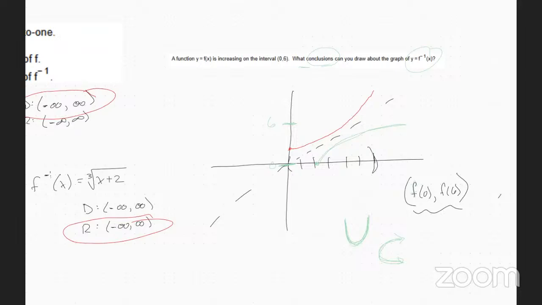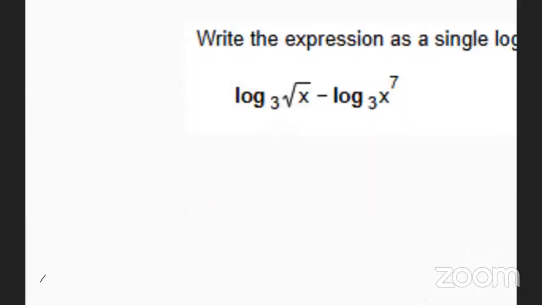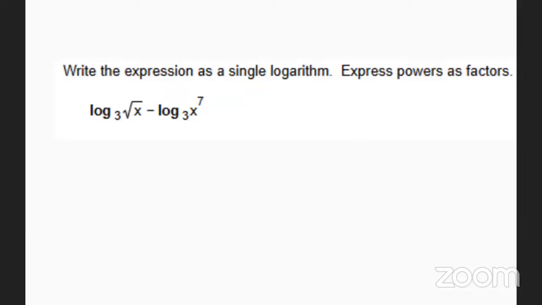I got this one that also stumped me and some of my classmates. Oh yeah, classic. Writing it as a single logarithm and expressing the powers as factors. So this would be log base 3 of x to the 1/2 minus log base 3 of x to the 7.